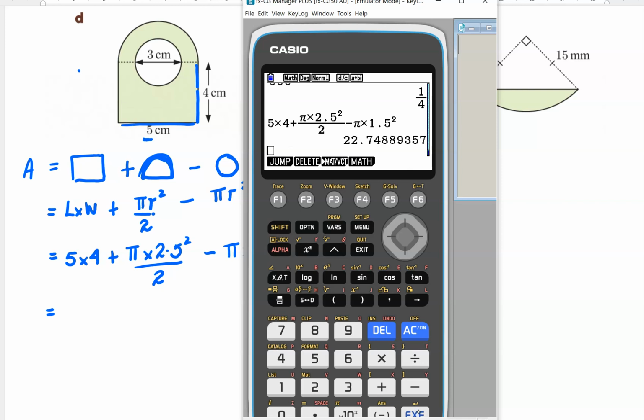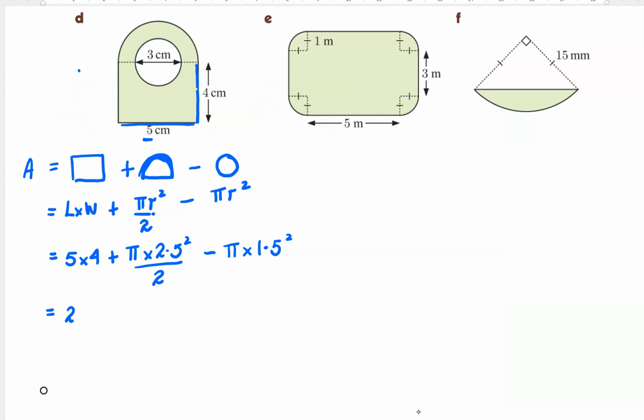Now if this was a test or an assignment, I would pop that in my calculator again just to double check. For us, you can check the answers with the back of the book to see that you are correct. So let's go again, 22.748, and look at your third decimal. So once again, it is bigger than 5, so we're going to round 74 up 1, it becomes 75 centimeters squared.